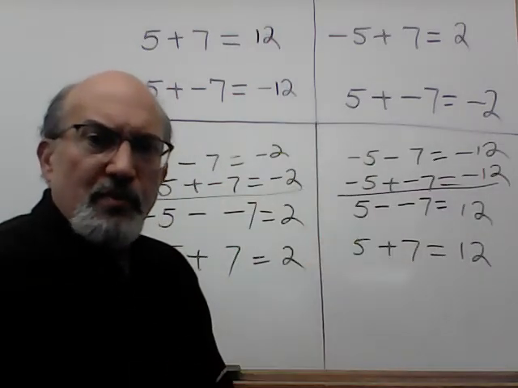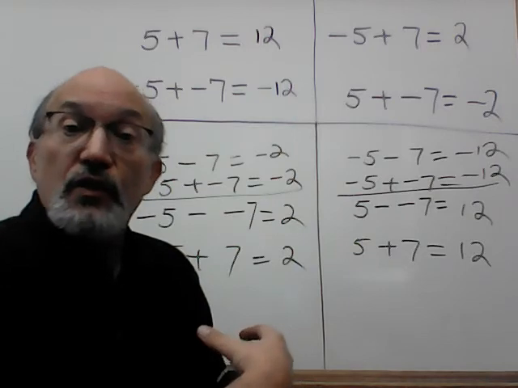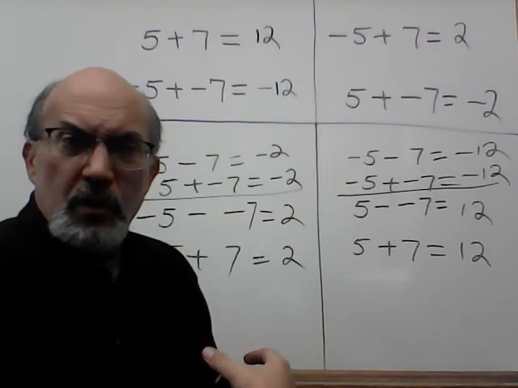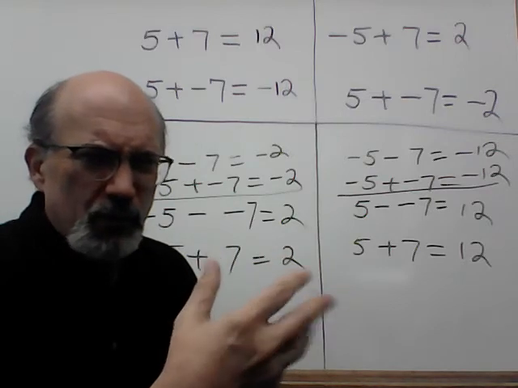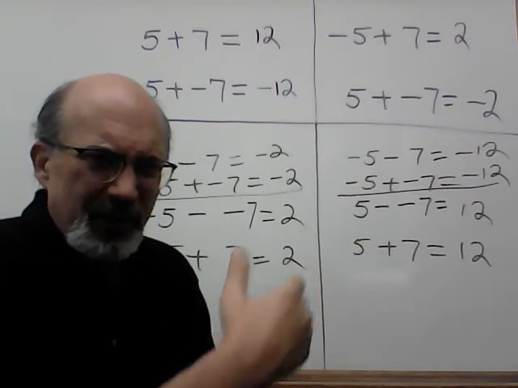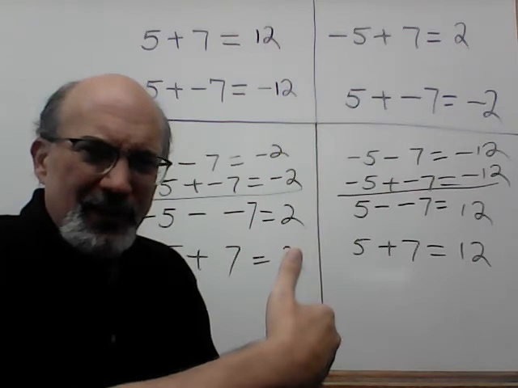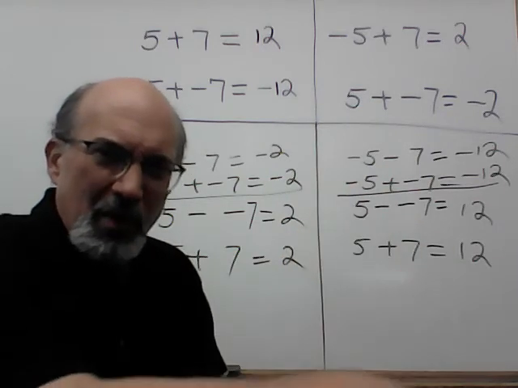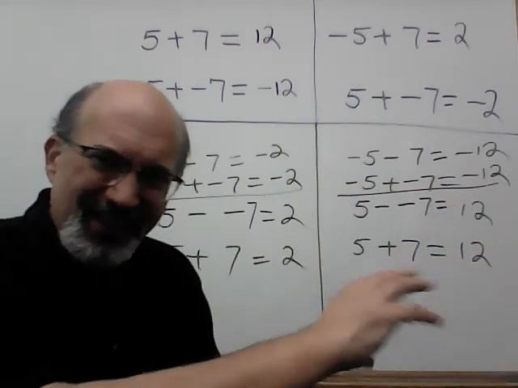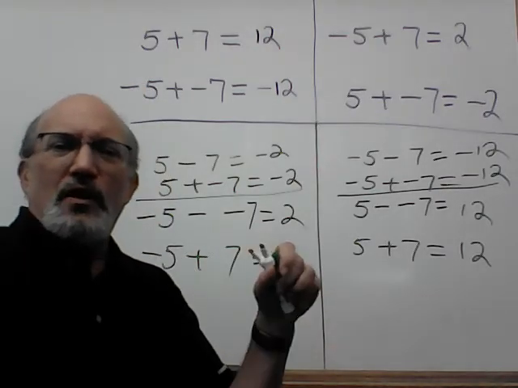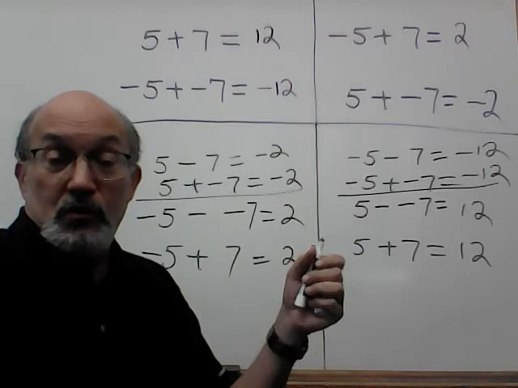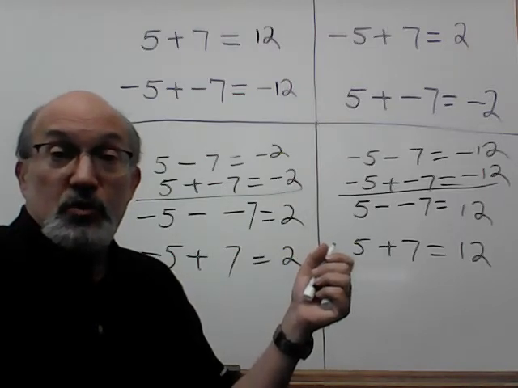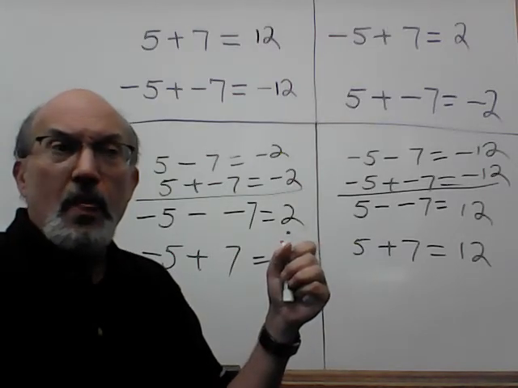We add its opposite, leaving the first number alone. And it's kind of like keep, change, flip for division of fractions. You leave that first one alone. You change the division to a multiplication, then you flip the second. It's a similar sort of approach to subtraction, which is to subtract a number, you add its opposite.